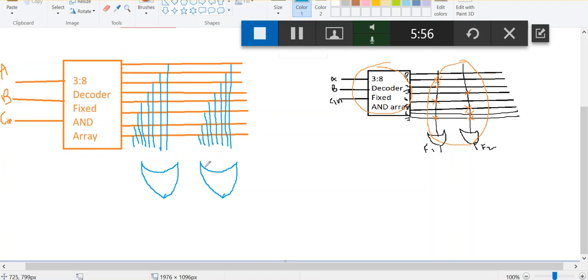Now in the similar way, 0, 1, 2, 3, 4, 5, 6 and 7, and 1, 2, 3, 4, 5, 6 and 7, like this.